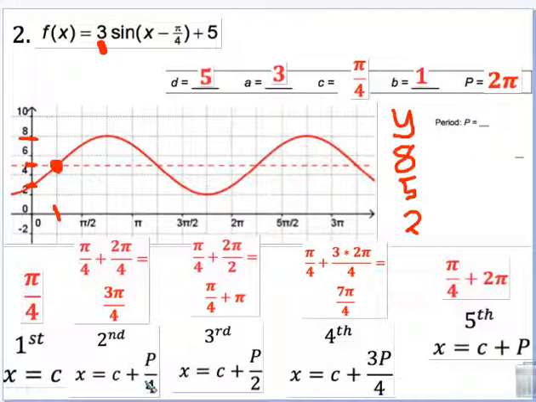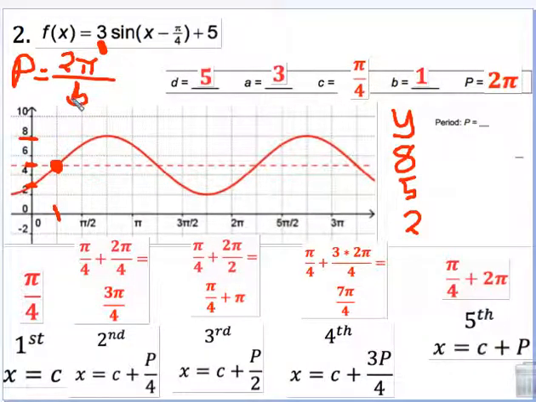And then the second coordinate point would be the period length divided by 4. Because my B value is 1 and my original period length for sine is 2 pi, to find your period length, you use the formula P, and that's going to equal 2 pi divided by our B value.